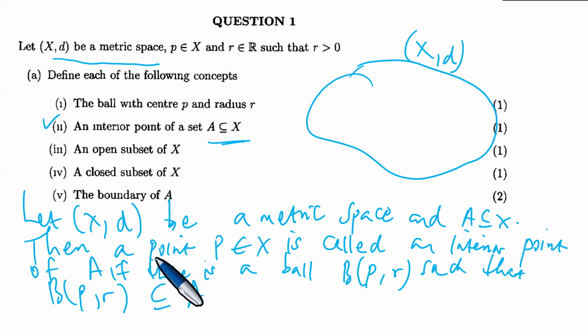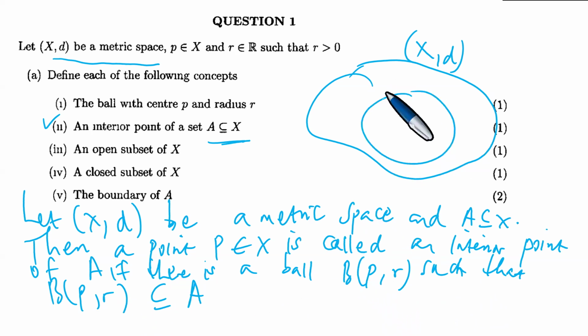Then a point P in X is called an interior point of A if there is a ball of center P and radius R such that this ball is in A, right?